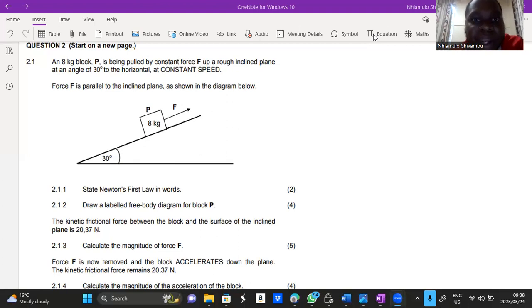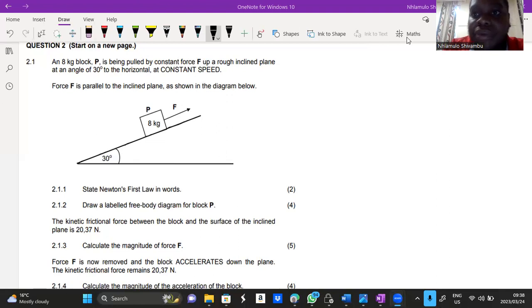The usage of the word rough, inclined simply means that there is the presence of friction on that particular surface. So I'm going to underline these important words that were used in the descriptive statement. We'll start with the word rough, and this simply means that we've got friction present.